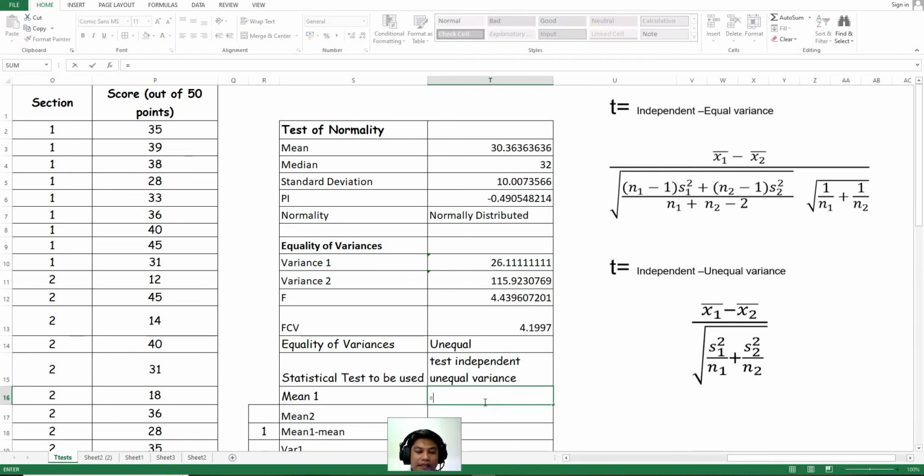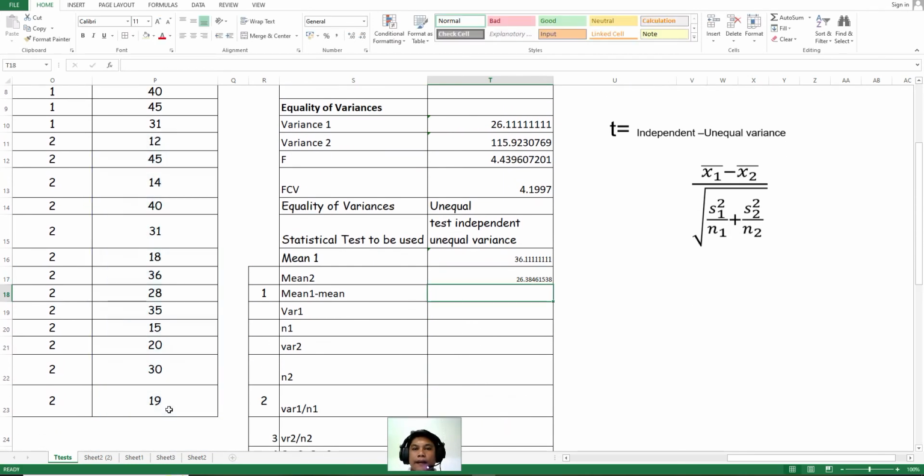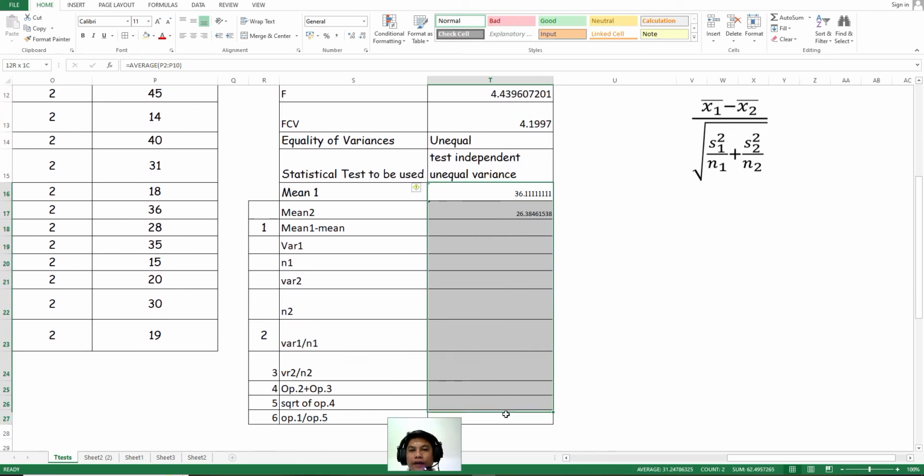So we have equals average. This time we get the mean of the first group, which is all group 1. And then equals average the mean of the second group, which is here, all, enter. These are already our values.